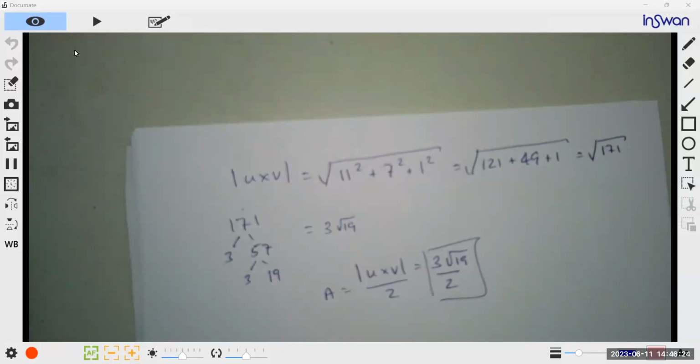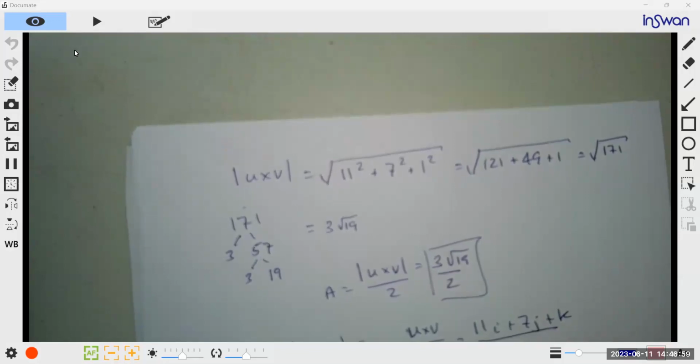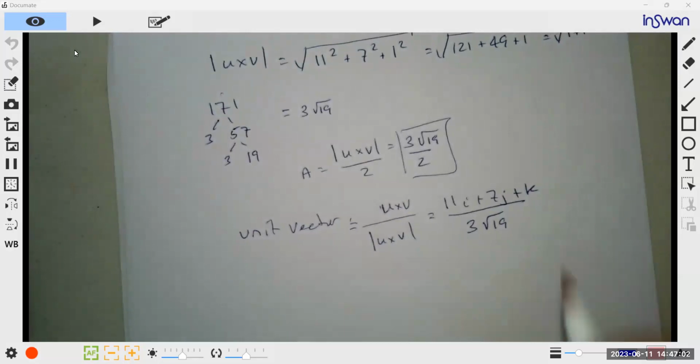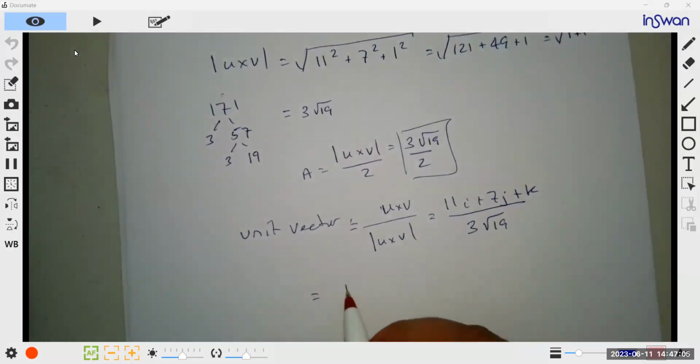So our unit vector is 11i plus 7j plus k over 3 radical 19, which means 1 over 3 radical 19 times the vector.